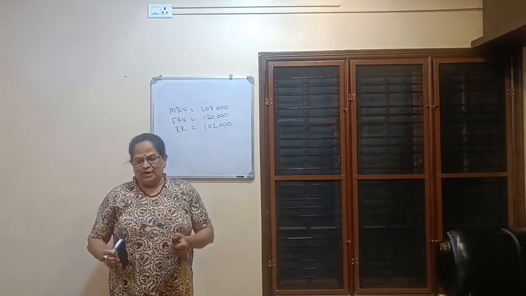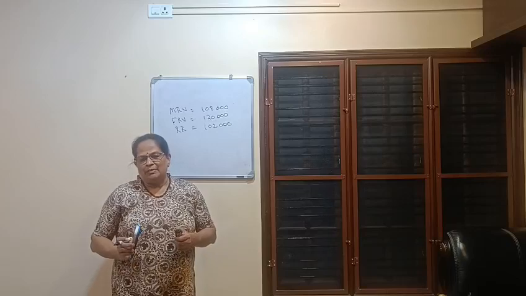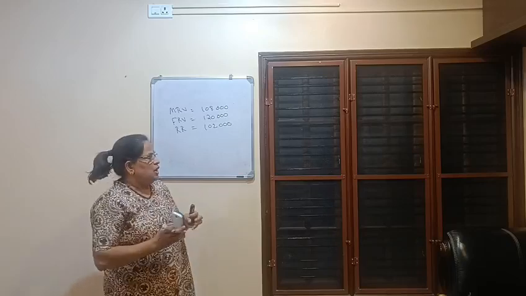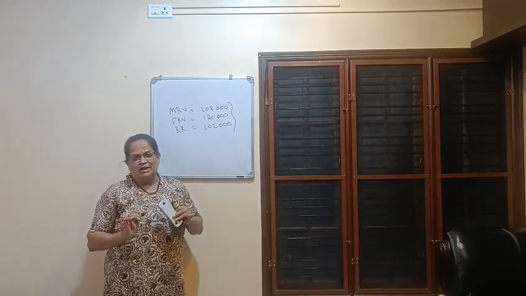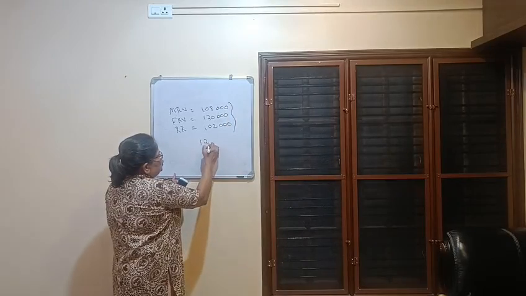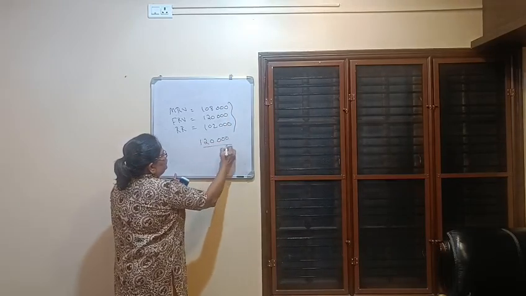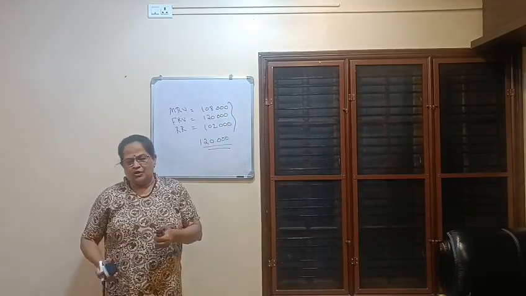So what is the expected rental value? Here you have to remember standard rent is not given. So how will you find out? Between these three values, whichever is the higher value will be the expected rental value. So it is 1,20,000.